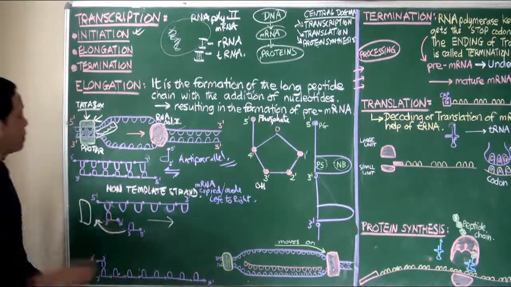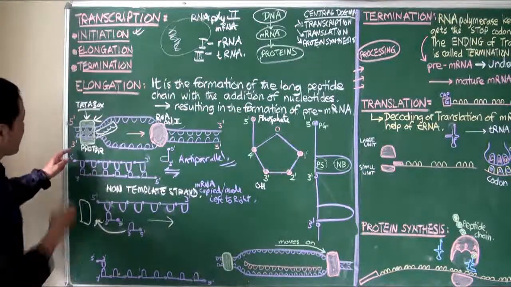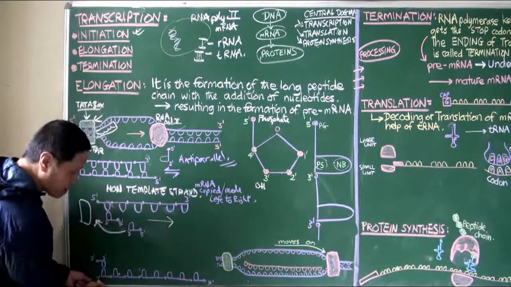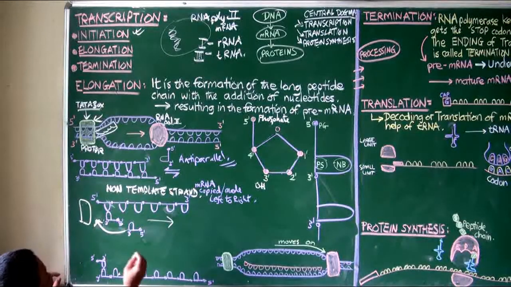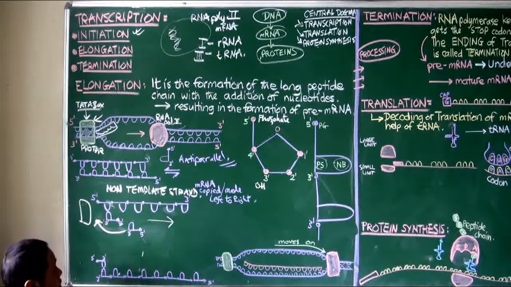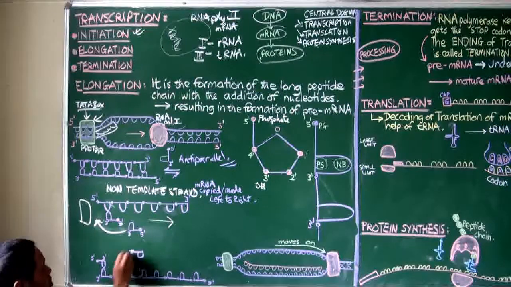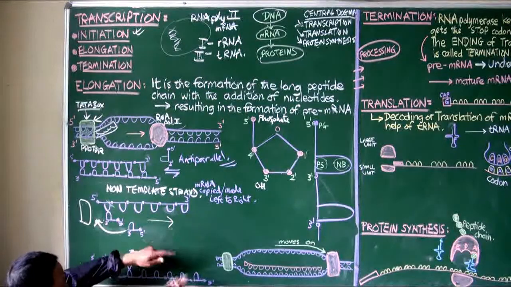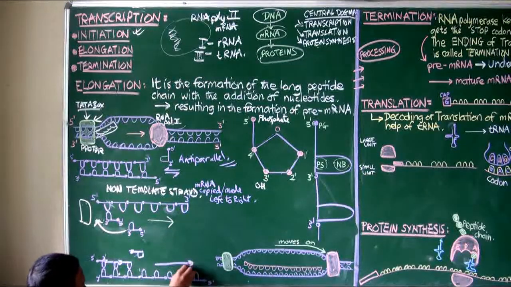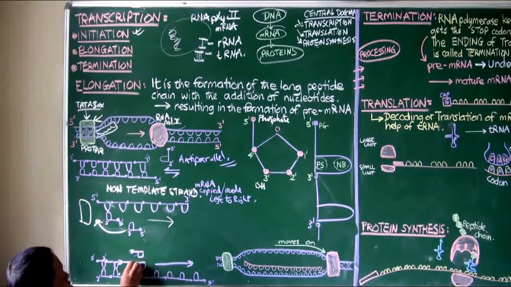Whereas on the other one, the bottom one, which runs from 3' end to 5' end, this is the 3' and this is the 5' end. Here it's easier to add. You can just bring it here on its 3' end, another one on its 3' end again. As this is being opened this side, as it progresses this side, you can continue to add nucleotides like that.